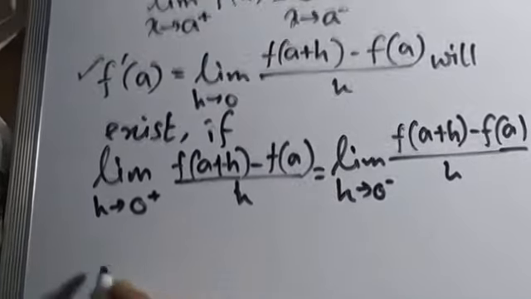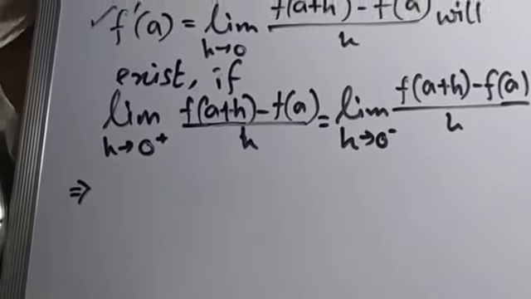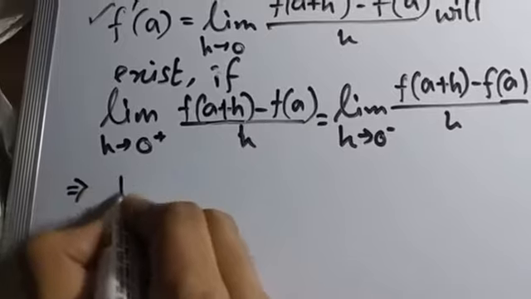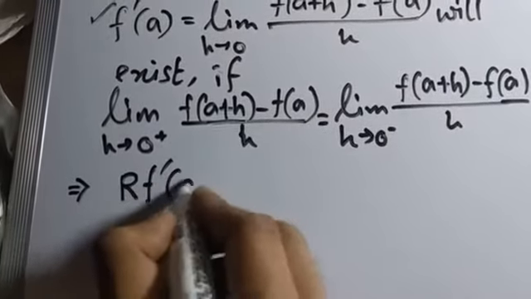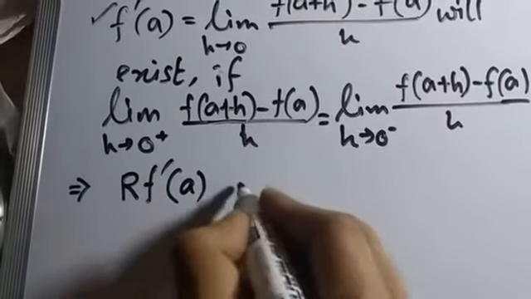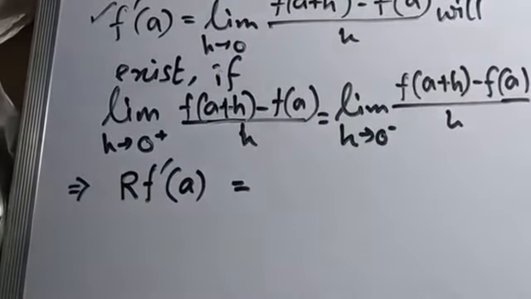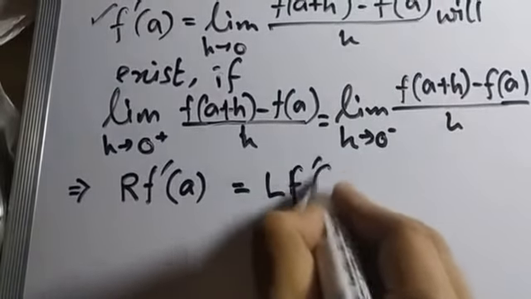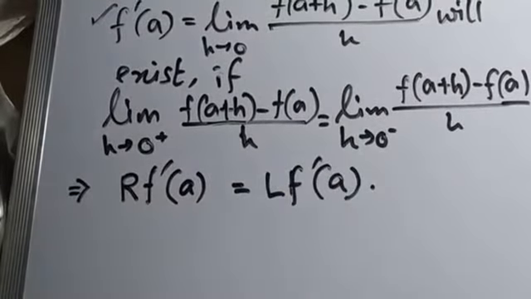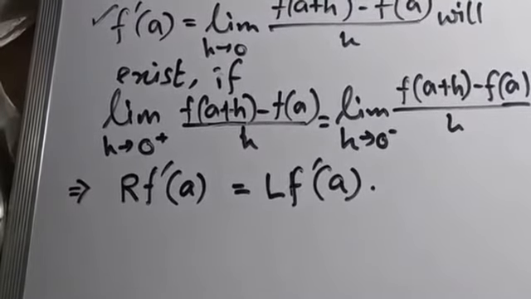This right hand limit we sometimes denote by R f dash a, the right hand derivative, and this left hand limit by L f dash a, the left hand derivative at the point a. So if these two derivatives are equal, then we say that the function is differentiable and f dash a exists.